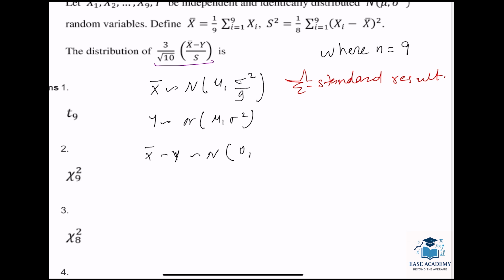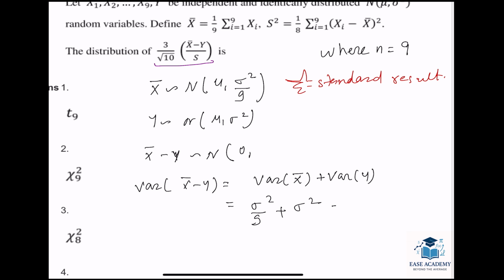The mean will be 0, and the variance of X bar minus Y will be the variance of X bar plus the variance of Y, since the covariance is 0. The variance of X bar is sigma square by 9, and the variance of Y is sigma square, so that will be 10 by 9 sigma square. This is the information we have up till now.